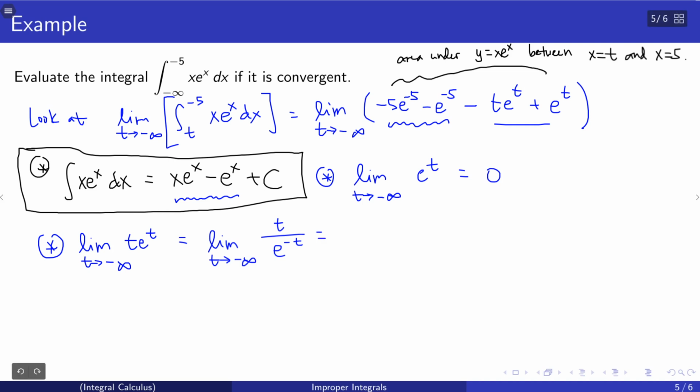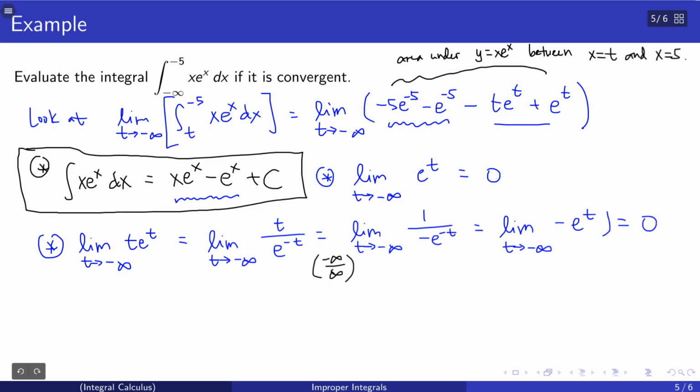And the reason why I did that is because now it's in the form minus infinity over infinity. And so we can use L'Hopital's rule, take the derivatives of the numerator and denominator. This is now 1 divided by minus e to the minus t. And finally, I can just write this as minus e raised to t. And that's also 0 when you take the limit.